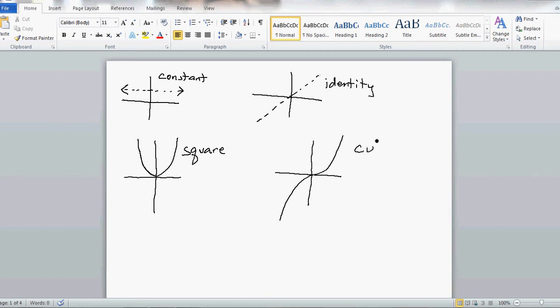These are the cube functions. And very important to realize that cube functions may be inverted, as well as the square functions, as well as the identity functions. They may be opposite of what they are shown here.